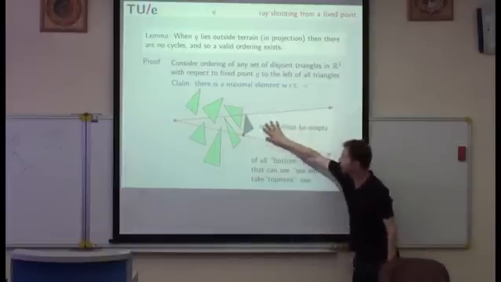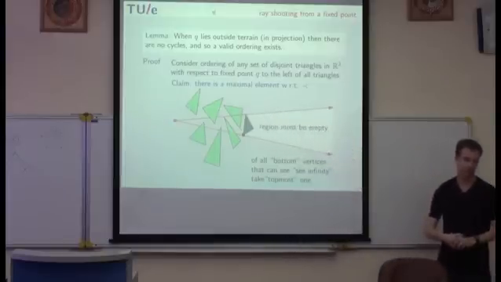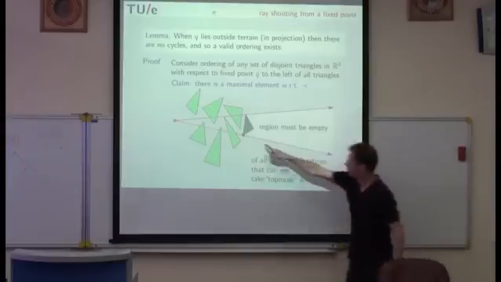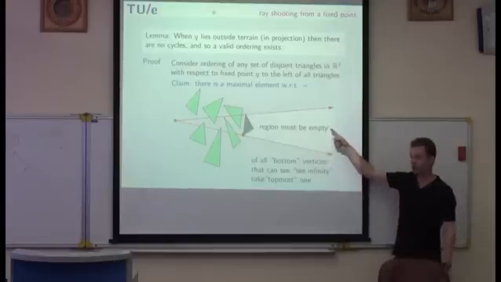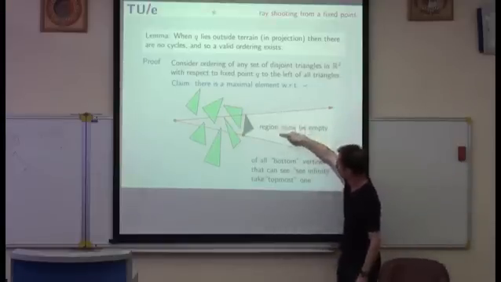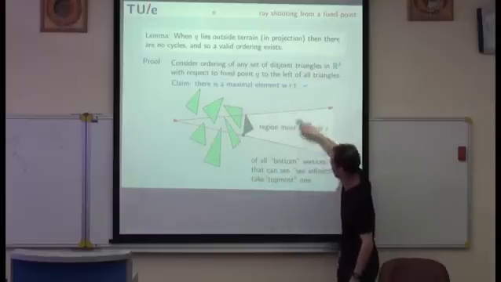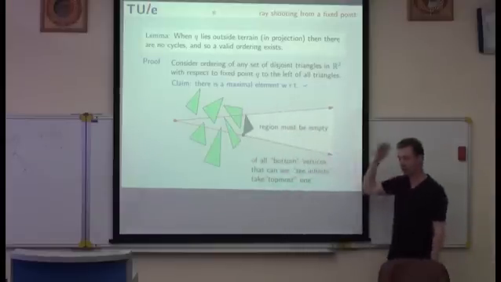Now I claim that this region must be empty. Why is it empty? Well, this doesn't hit anything. So if there's a triangle somewhere here, it must be completely inside, or maybe here, but it doesn't cross here.